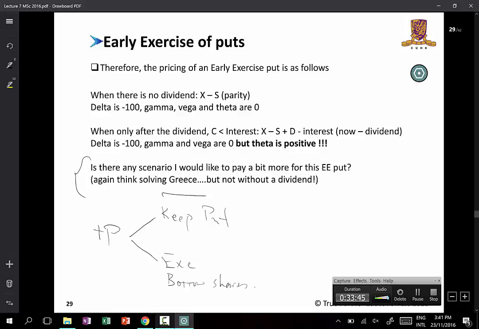You borrow shares and sell them, and you get cash as a result, and then you earn interest on that, and then you buy a call. Okay, you go long a call. Now this would be basically a structural replacement for the put option that you had.